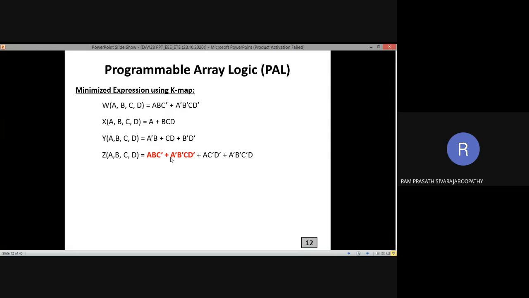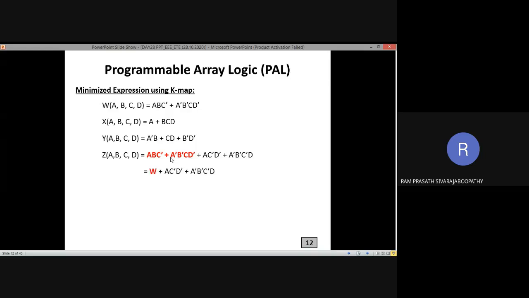Is it clear? Yes or no? The Z output function has A B C bar plus A bar B bar C D bar, and that term is nothing but W. So we are going to write like this.